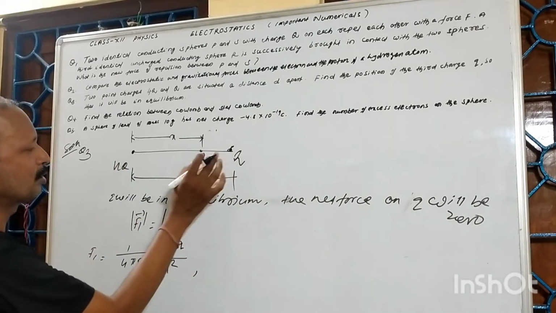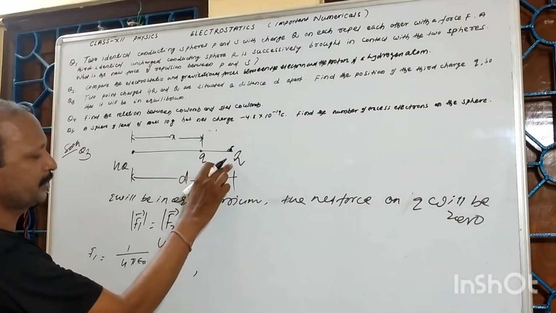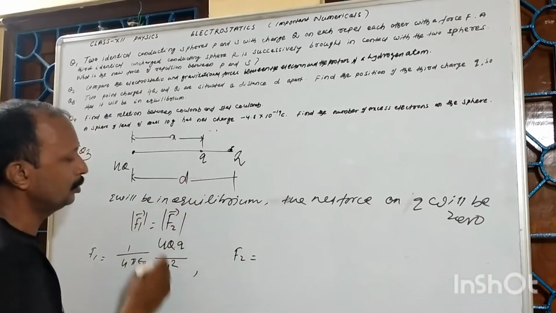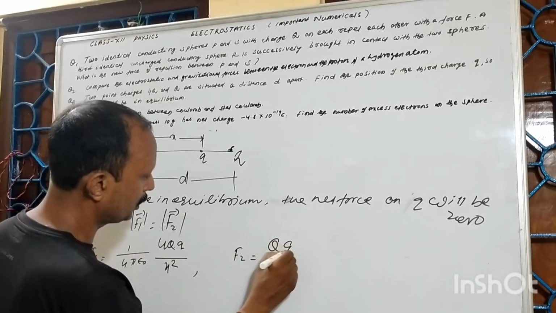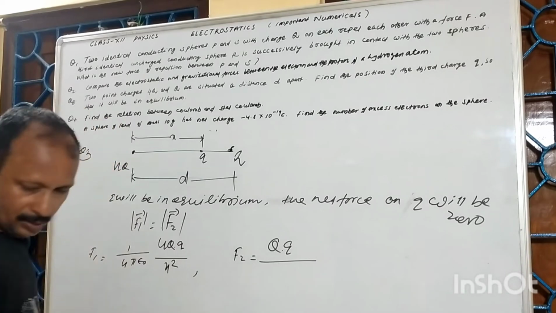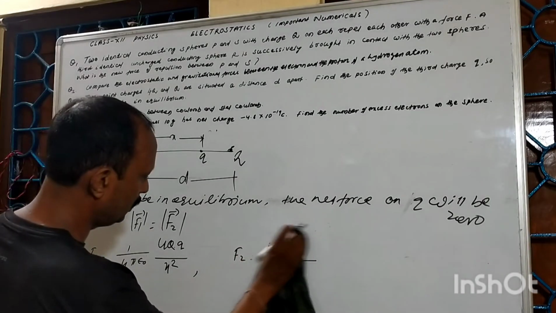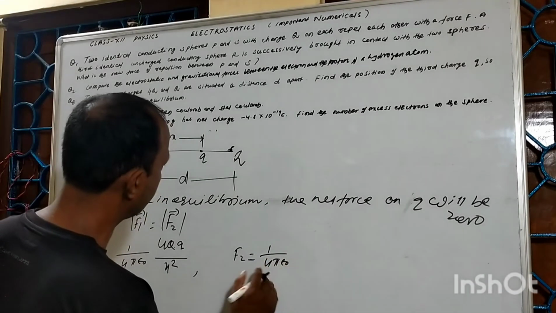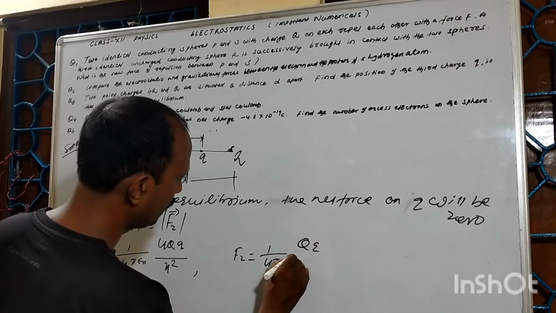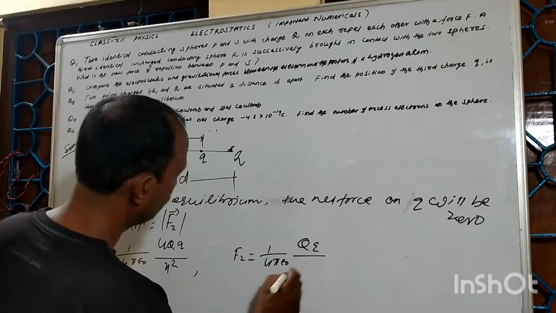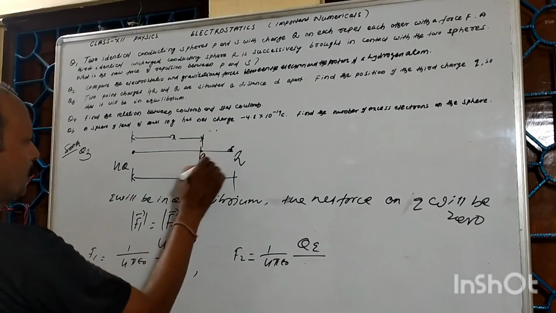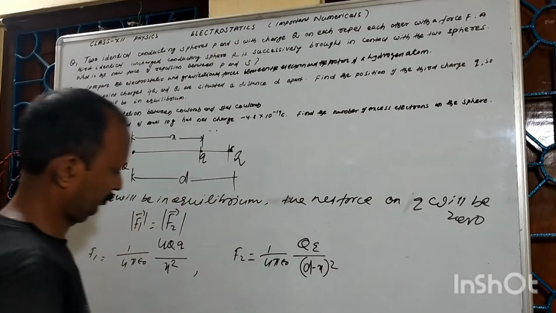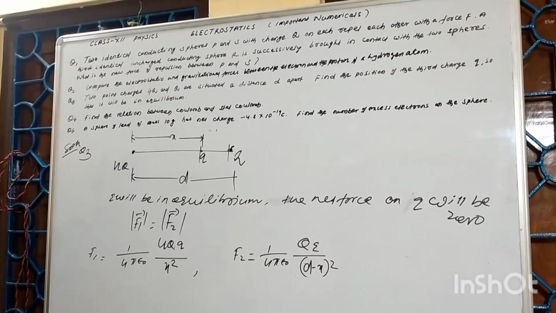Similarly, the force between small q and capital Q, that force F2, according to Coulomb's law, is 1 upon 4 pi epsilon naught Q into q divided by d minus x whole square.